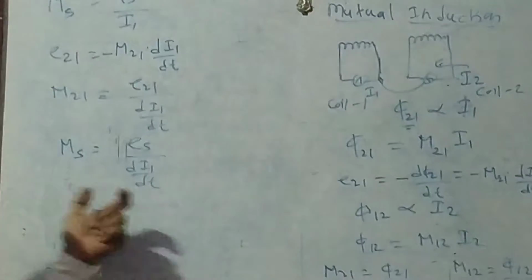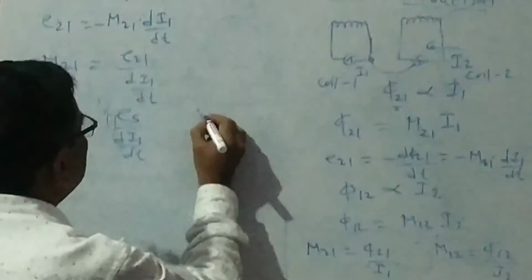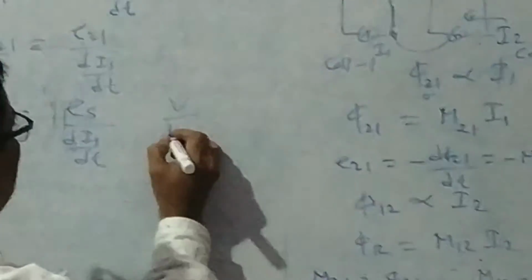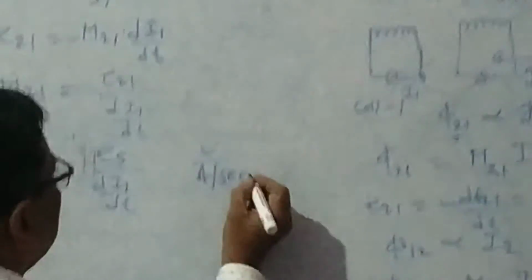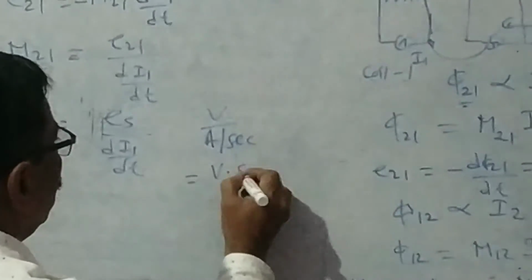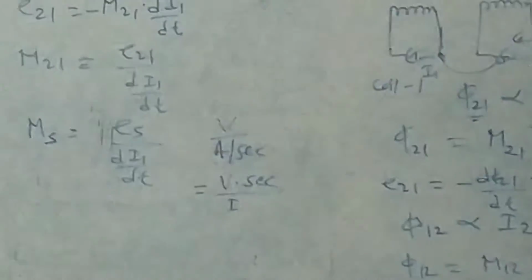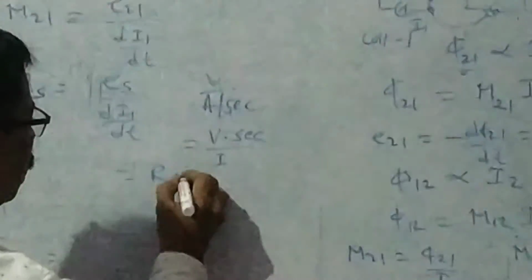Now the unit. EMF is measured in volt and the rate of change of current in ampere per second, so it can be written as V into second divided by I, and V upon I is R, which is equal to R into second.